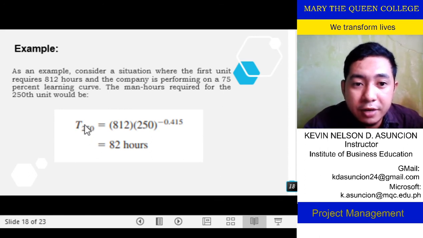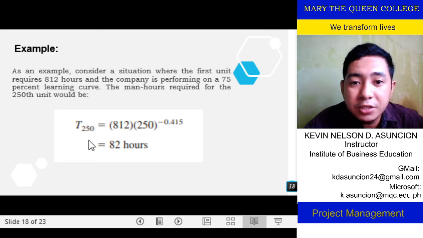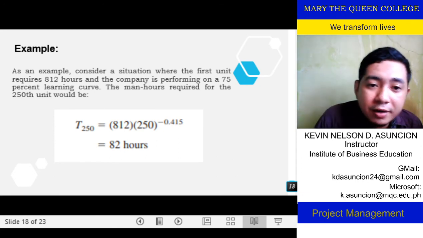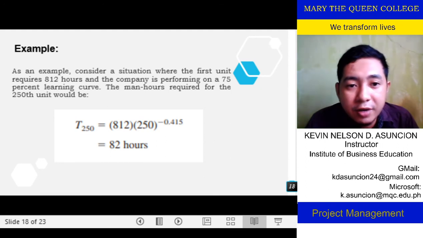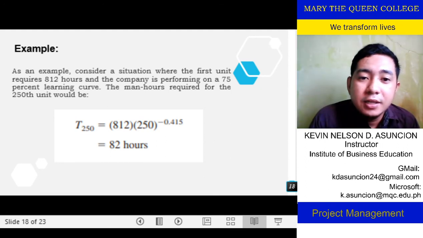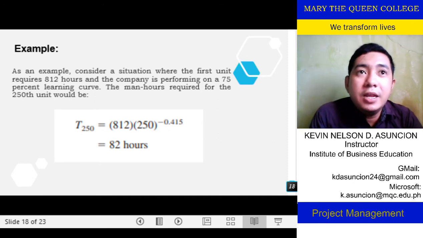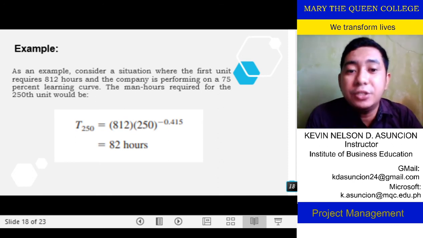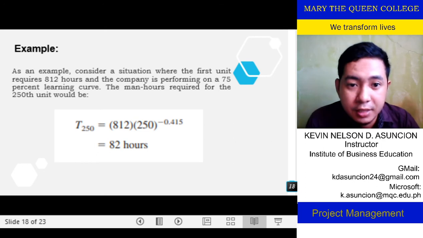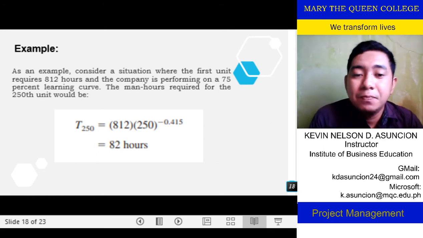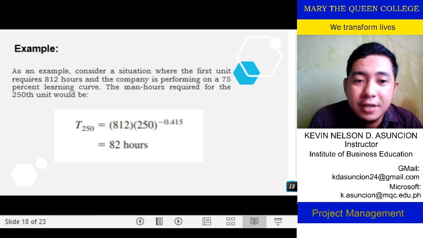So that's 250. So pinag-uusapan, how much time will it take, no? How much time will it take per unit cumulatively, no, per unit, no? So time 250 to the 250th unit, no, equals yung cumulative hours of or the actual hours produced for the first unit. Makikita mo yan, yung first unit, 812 times number, that's the quantity, that's x, no, 250.